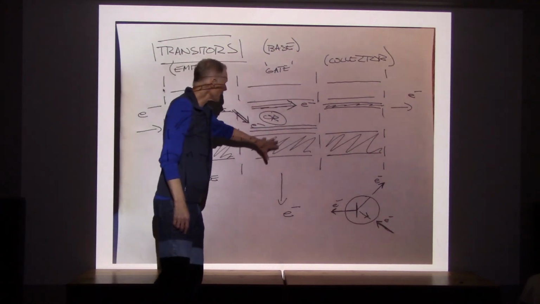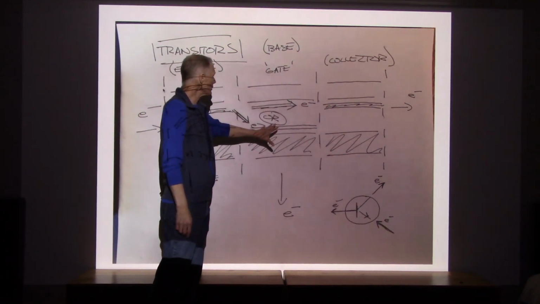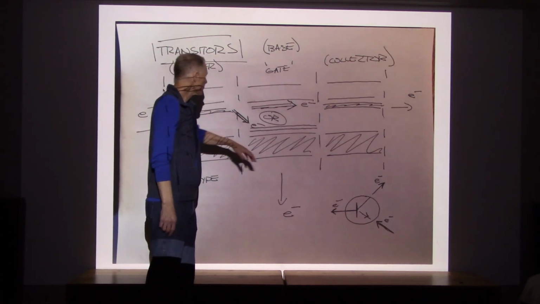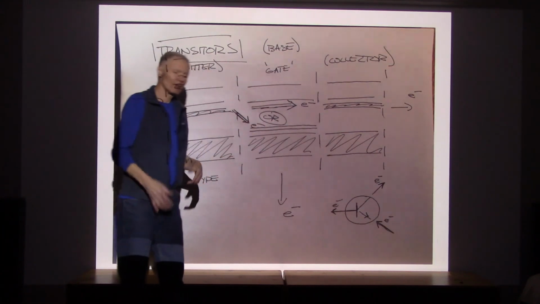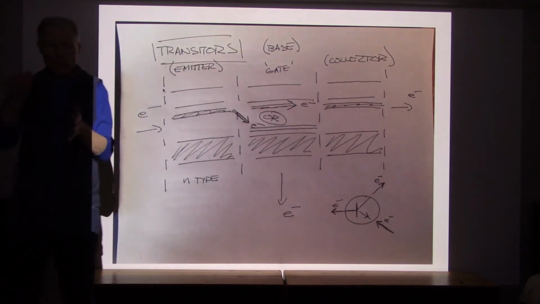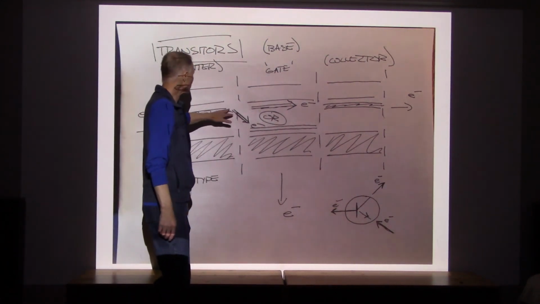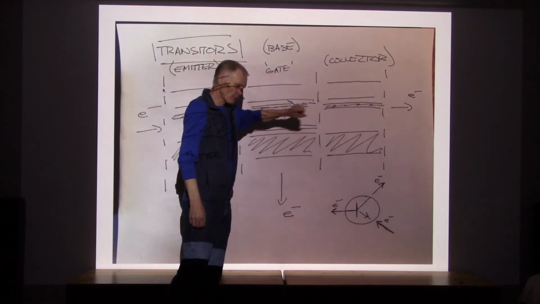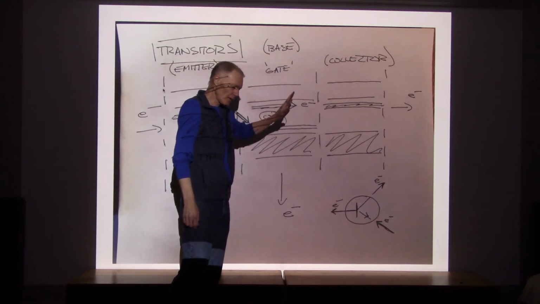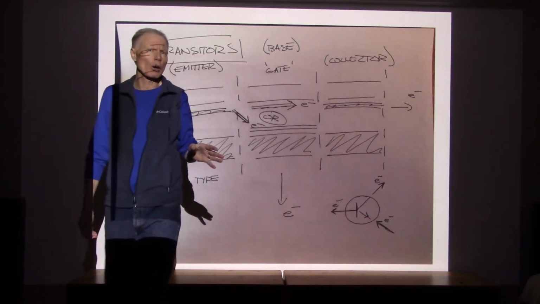Clearly, there's a piece of P-type material sandwiched in between the N-type materials. And this P-type material has these acceptor quantum states just sitting there, waiting for the electrons to drop. But the other option that the electrons have is, oh look, there's another layer of N-type material, and it's not really ever so far away.